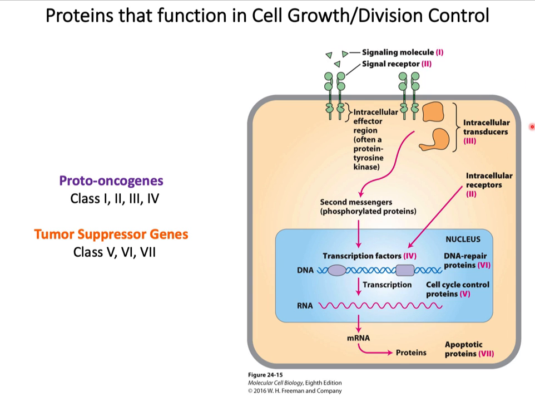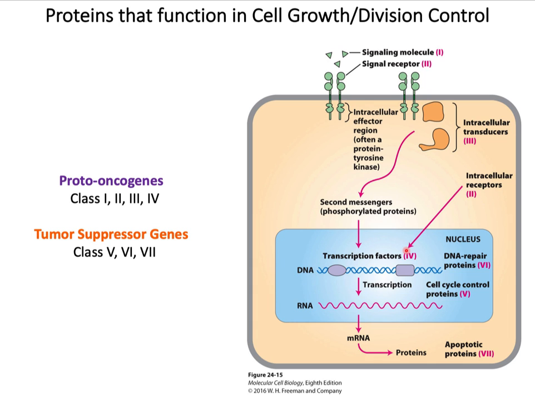RAS, RAF, MEK kinase, MAP kinase are examples of intracellular transducers that we have already talked about. And also considered as class 2 are the intracellular receptors, and these are the receptors for the hydrophobic signaling molecules, unlike the others that are for the hydrophilic signaling molecules. And then you have the transcription factors, which are grouped as class 4.